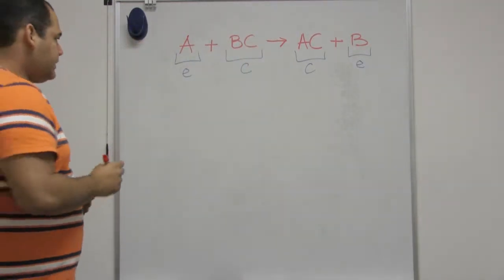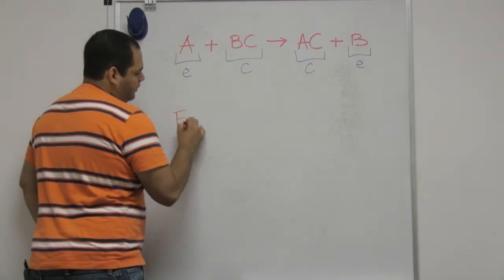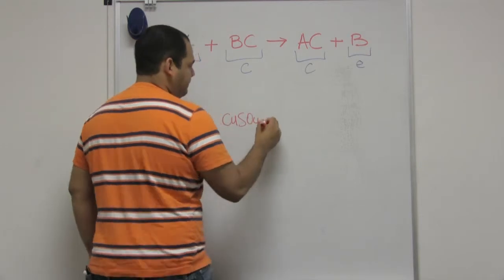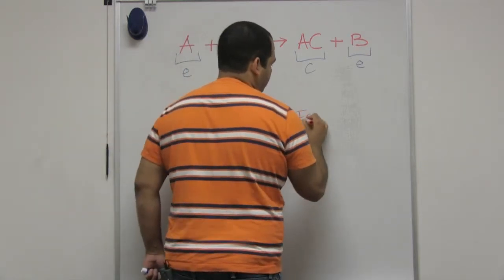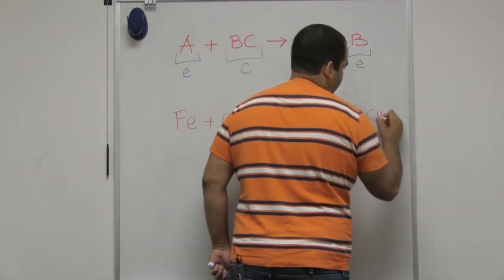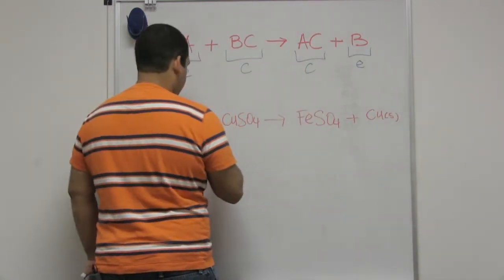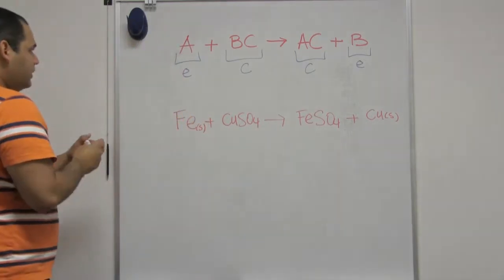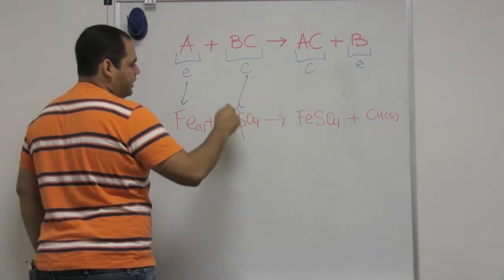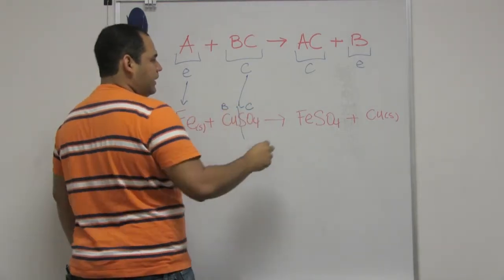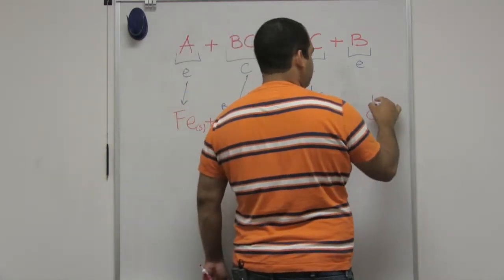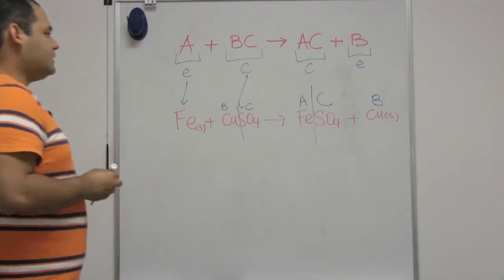One classic example here, we have iron plus copper sulfide making iron sulfide and copper solid. So here we have our element A, our compound, which is B and C, and now we have A and C together and B by itself.